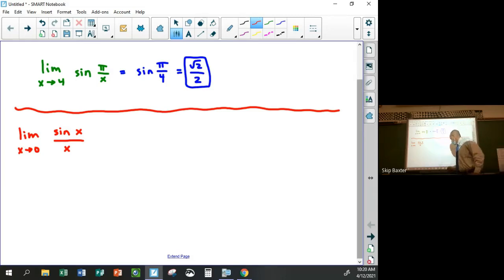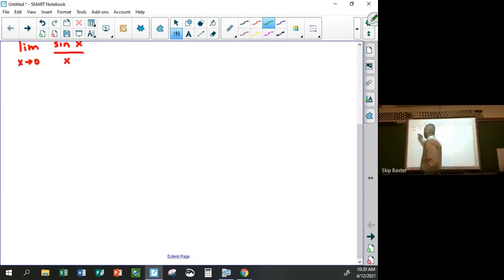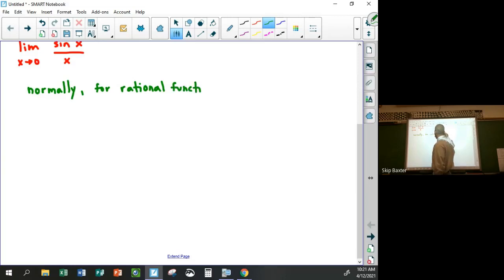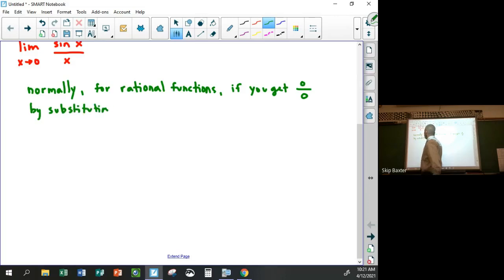It's good that we're reviewing this, right? So normally, it's definitely not 1. No. Normally, for rational functions, if you get 0 over 0 by substituting an x value in, yeah, it's a hole in the function.